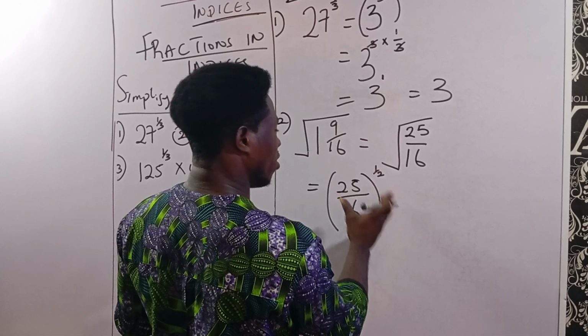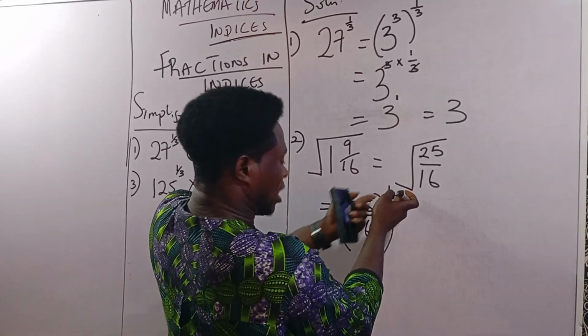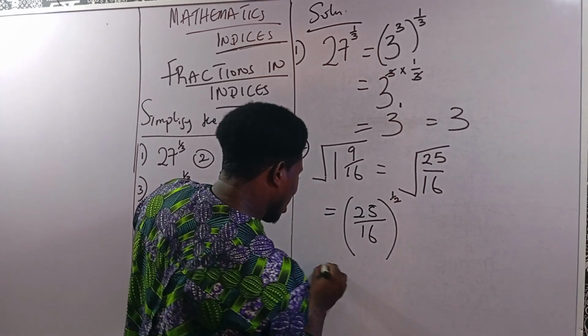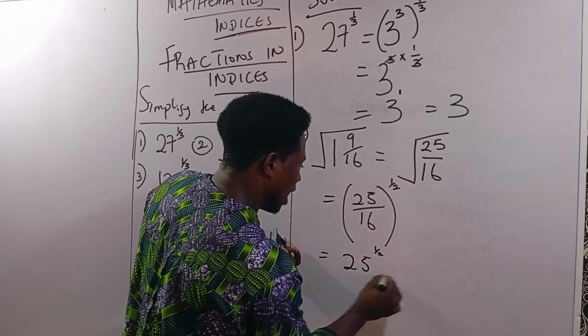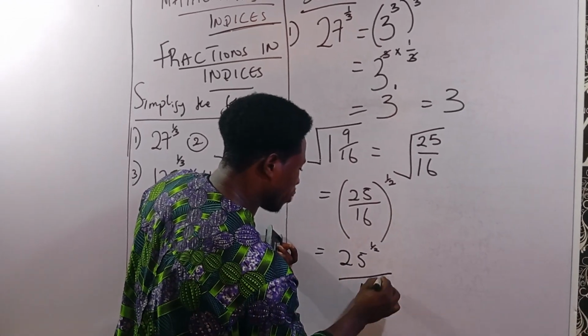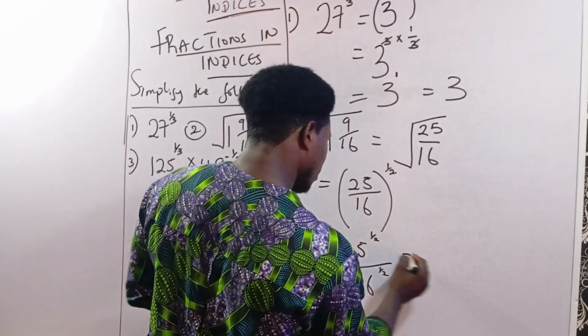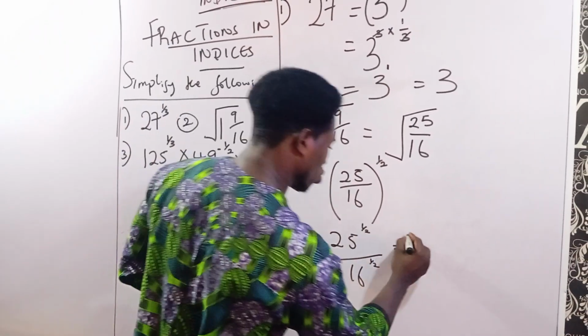Then to solve this, since this is inside the bracket, the two of them share the power. That is to say, 25 is raised to power 1 over 2, divided by 16 which is still raised to power 1 over 2. To solve it again, 25 in index form is 5 raised to power 2.